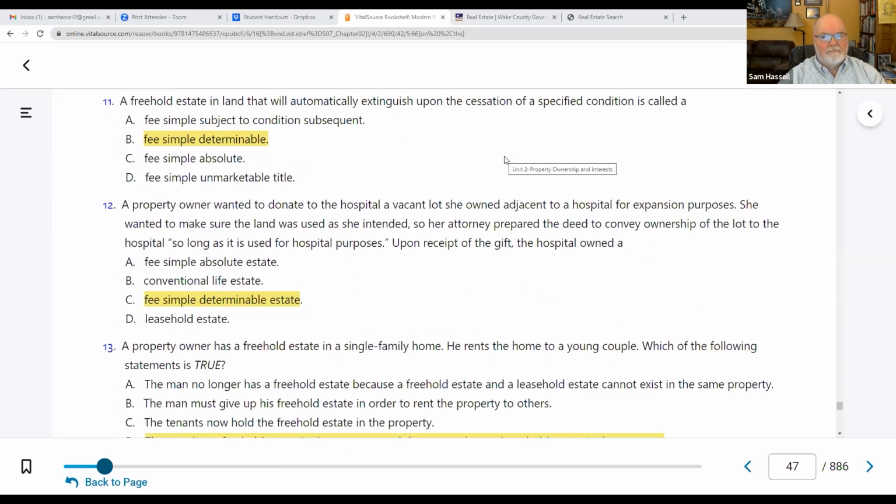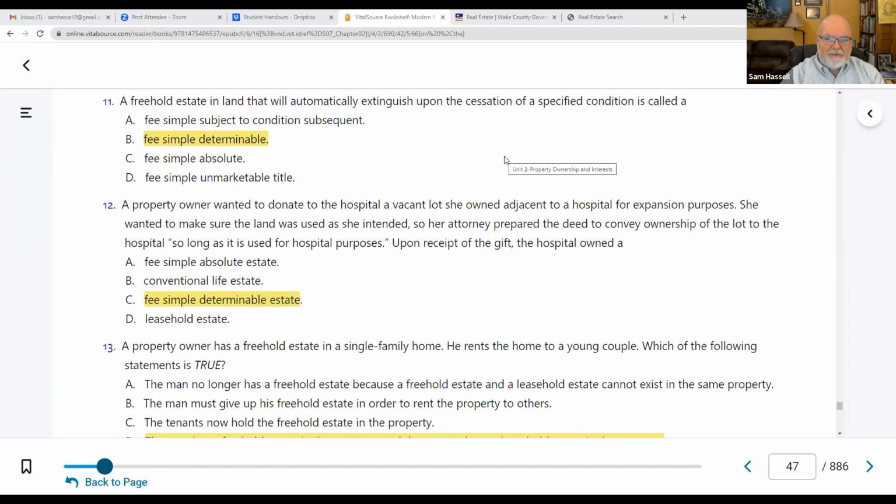Number 11, a freehold estate in land that will automatically extinguish upon the cessation of a specified condition is called a what? This is a fee simple determinable, right?